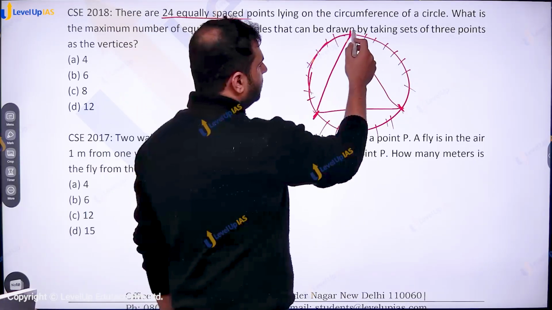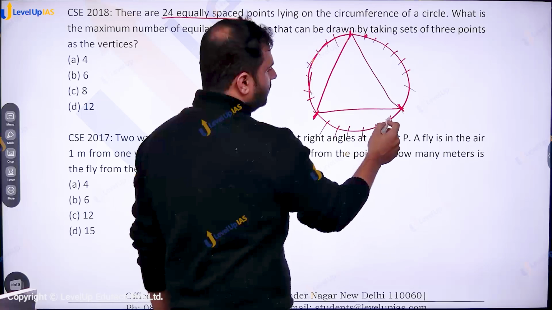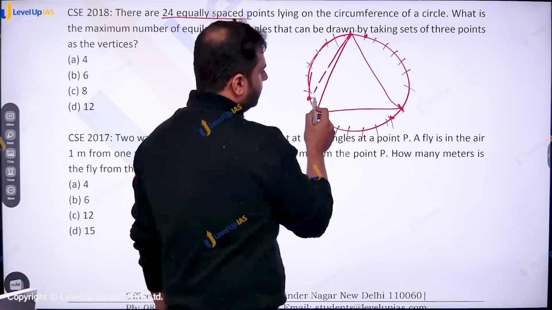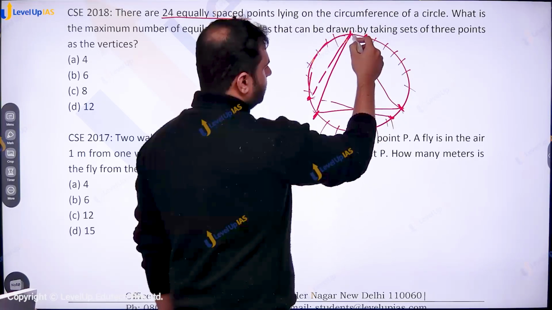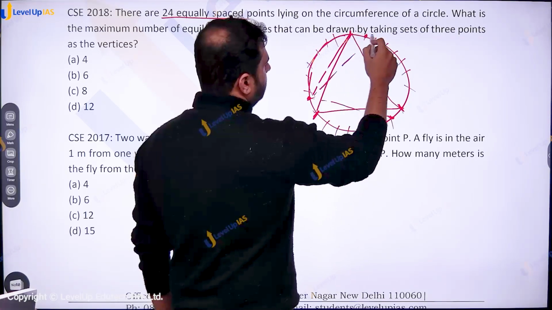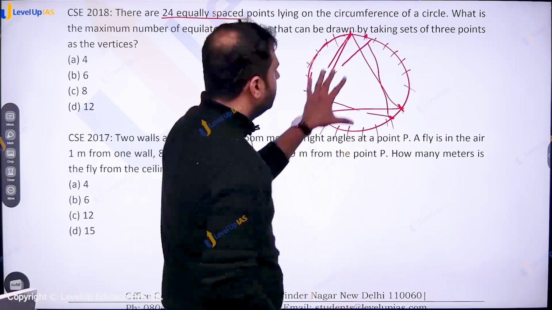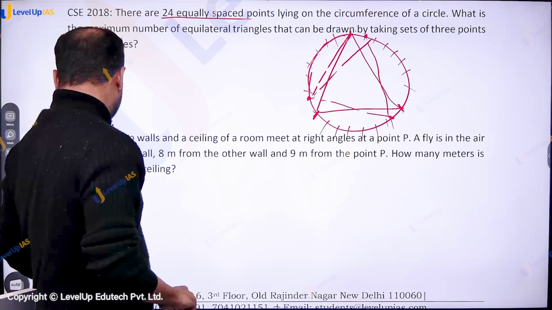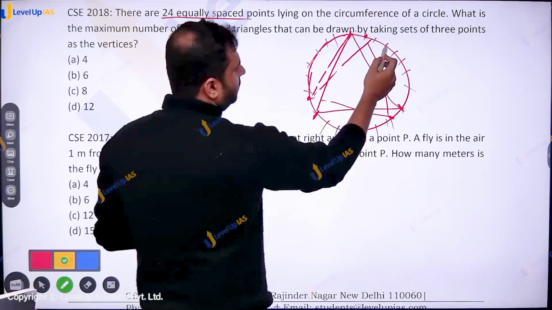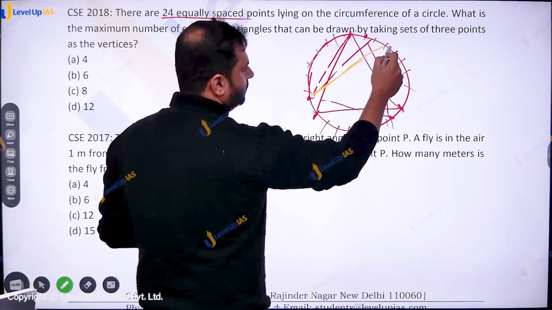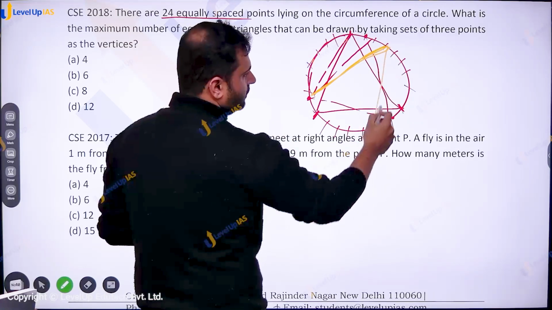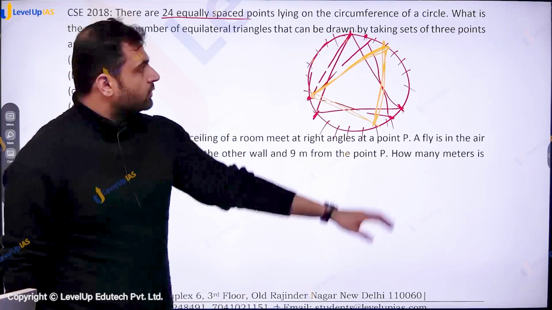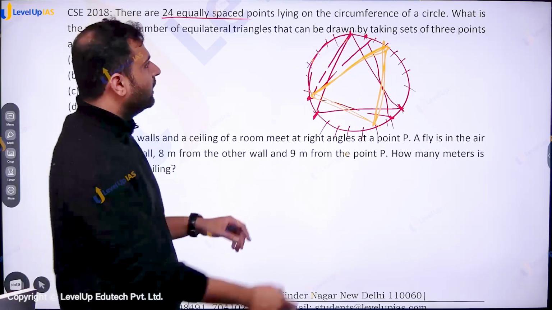For example, if this point comes here, this point here and this point here, I'll get this equilateral triangle. If I rotate by 1 more, I'll get another equilateral triangle. So for every rotation I get a new equilateral triangle.